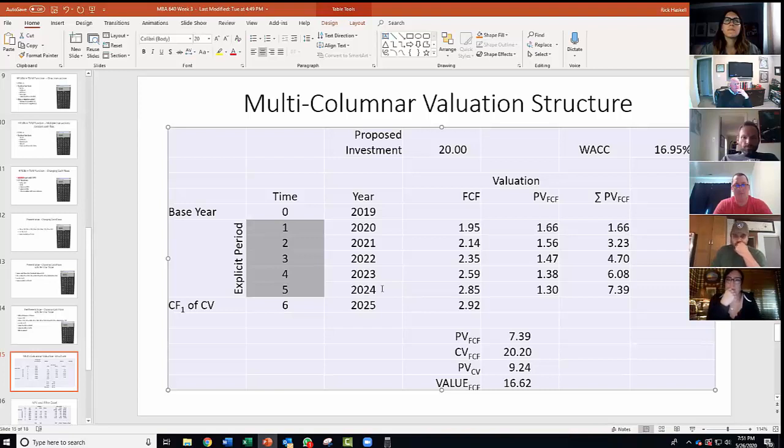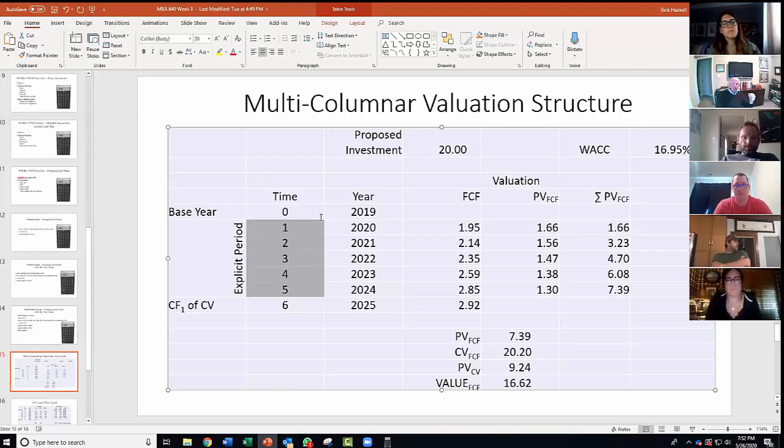0. So you think, well, wait a minute, Rick, it's year 6, it's not year 0. What you're about to be exposed to is we're going to think of time in 2 different temporal signatures.